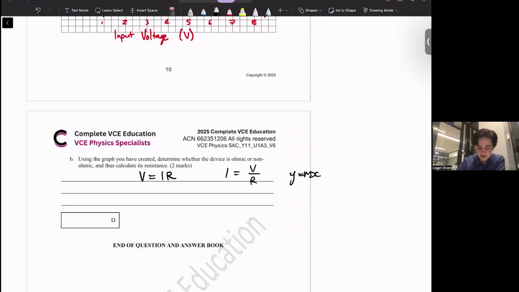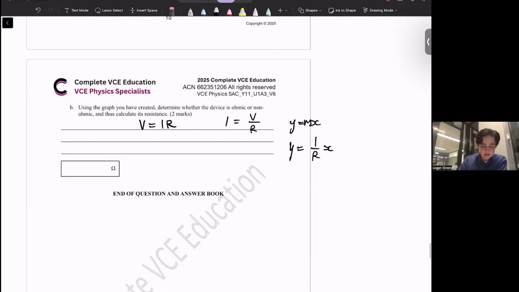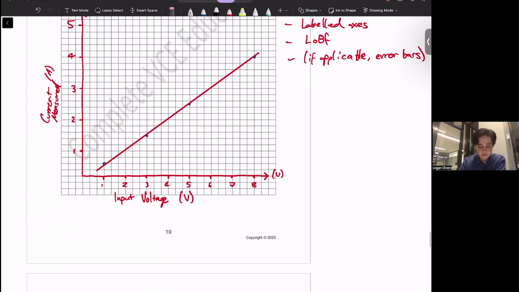The m in this case is going to be your 1 on R. That 1 on R is referring to that straight line there. And if you follow a straight line, you can fit into this relationship fairly easily. So in this case, we'd say, yes, it is ohmic.